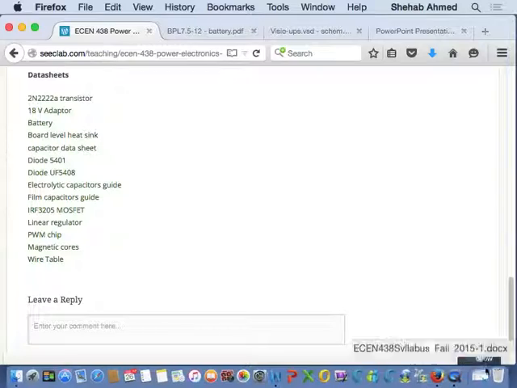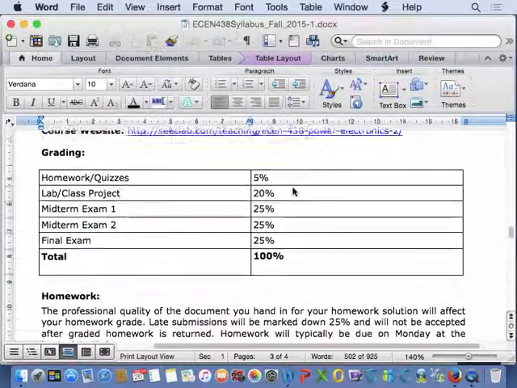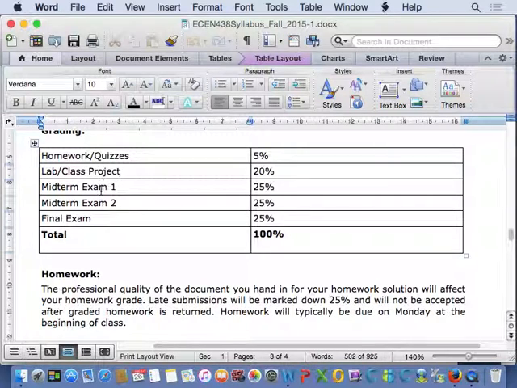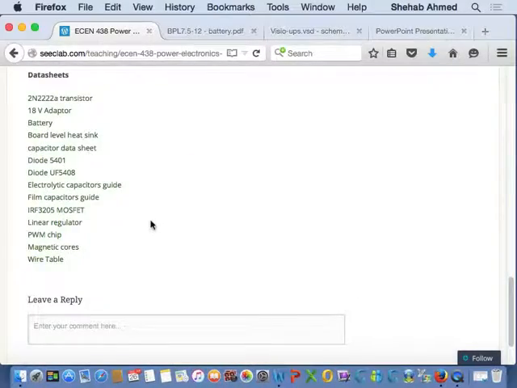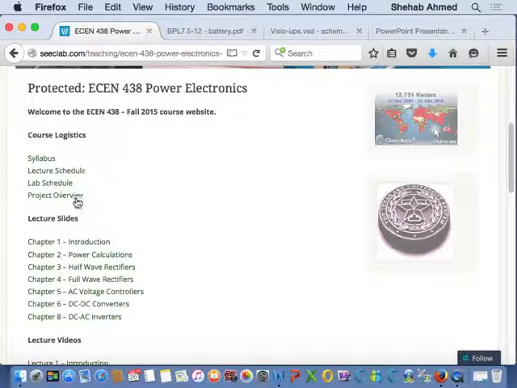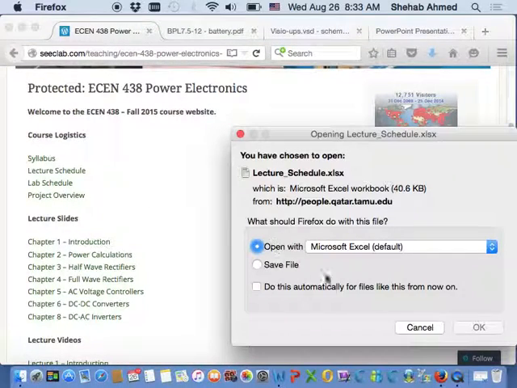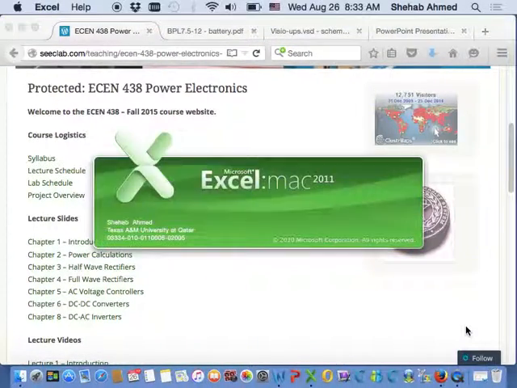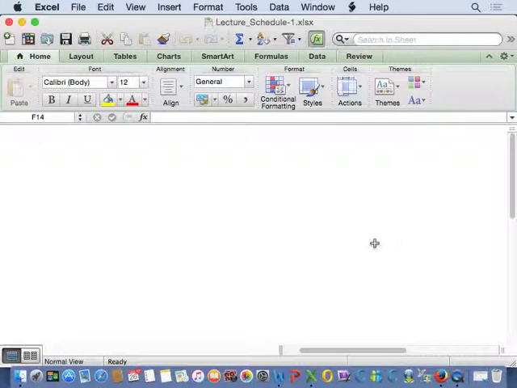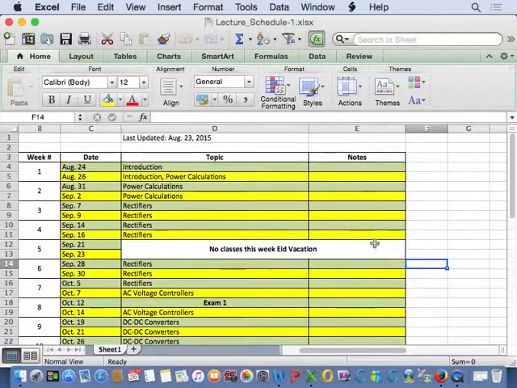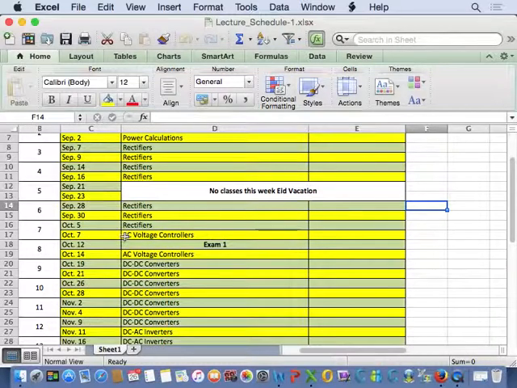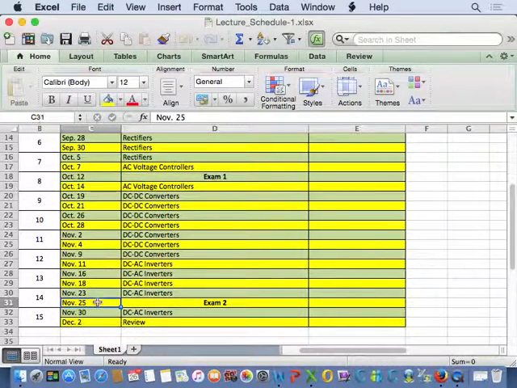Syllabus, let's continue on with the syllabus. So that's the project. We will have 2 midterm exams. The dates for the exams I've put tentatively on the lecture schedule. So tentatively, there will be an exam on October 12th, and then another exam on November 25th.